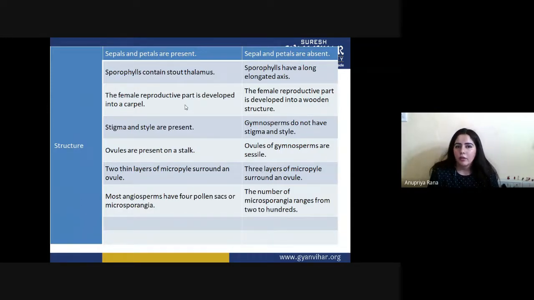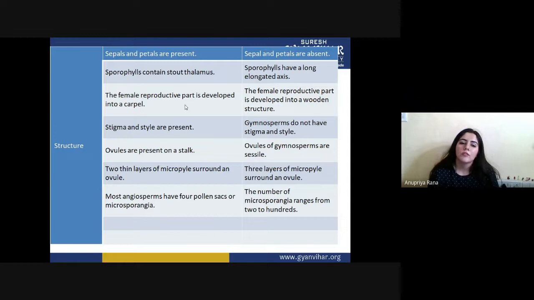That's why they are tough. Stigma and style are present in angiosperms. Gymnosperms do not have a stigma and style because they do not have that kind of pollen tube formation and other things, which are part of the flower and are not present in them. They just have to be present on megasporangium surfaces.